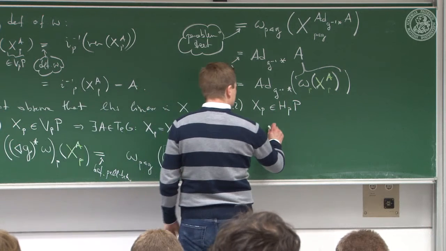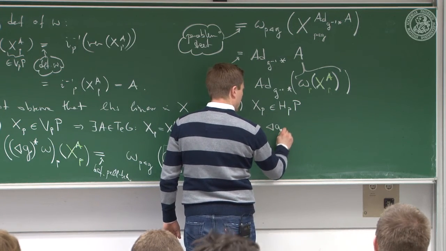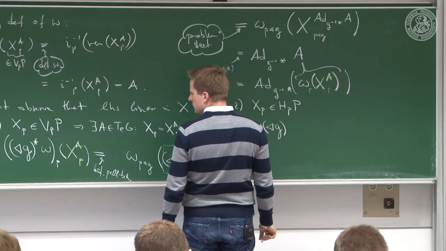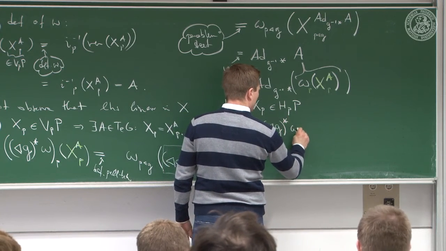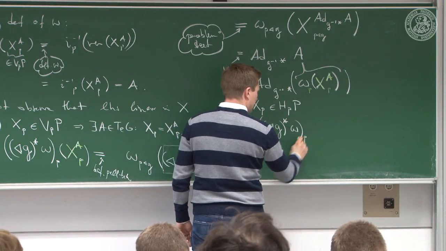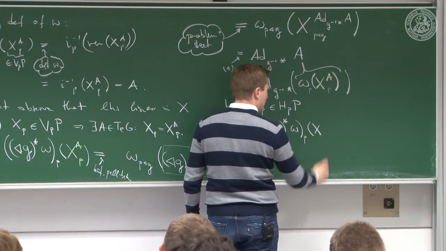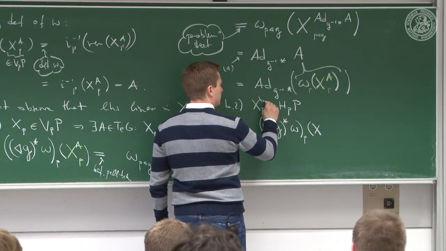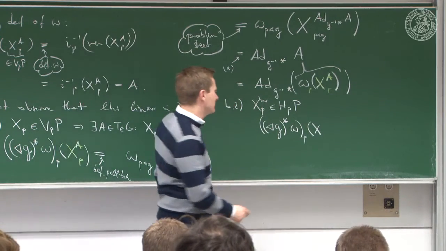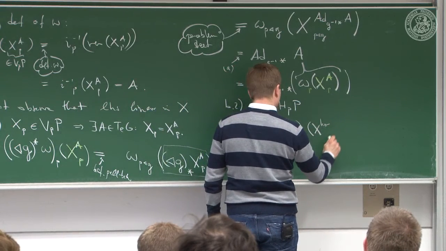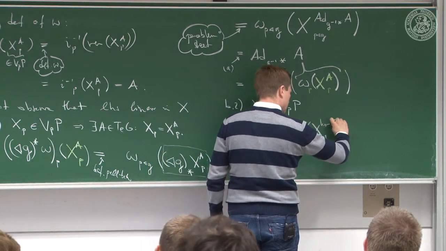We study the pullback of omega at the point p, but now we apply it to this guy, which I call X hor to emphasize it's horizontal, X hor at point p.